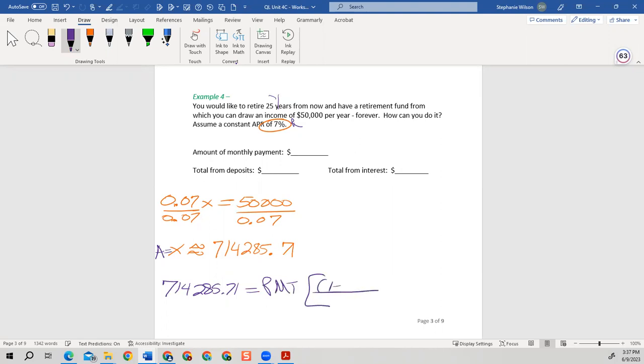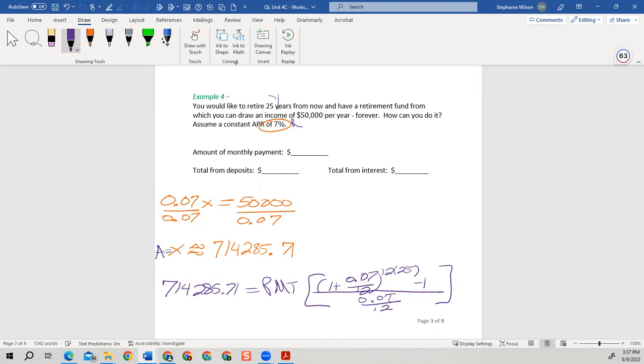Then I have 1 plus my interest, which is 0.07 divided by 12 months because we're working monthly, raised to 12 times 25 because we want to retire in 25 years, minus 1, all divided by 0.07 divided by 12.